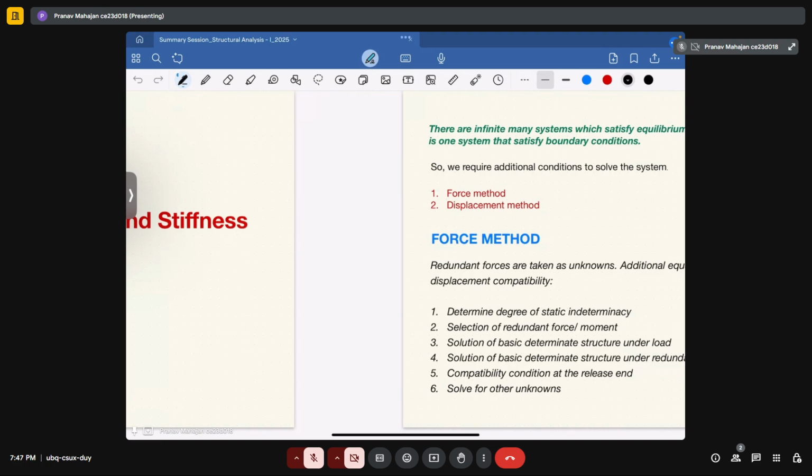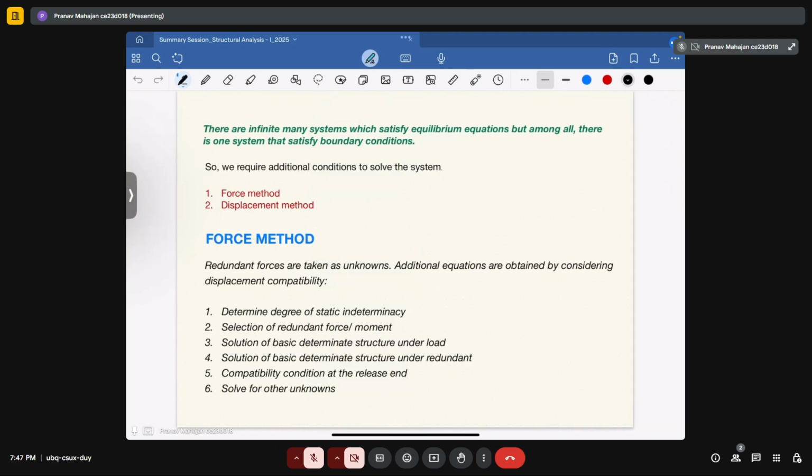There are infinitely many systems which satisfy your equilibrium equations. But among all, there is only one system that will satisfy the boundary equations. So to get to know about that, we require additional equations to solve the system. So how do we get those equations? That is using the force and displacement methods.